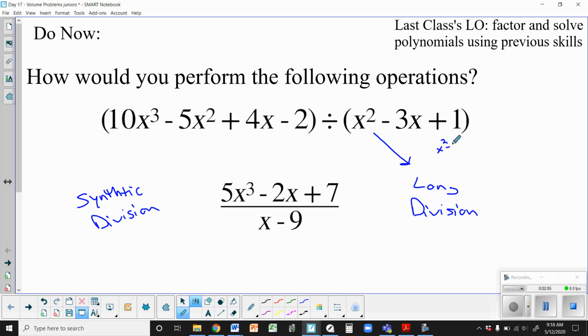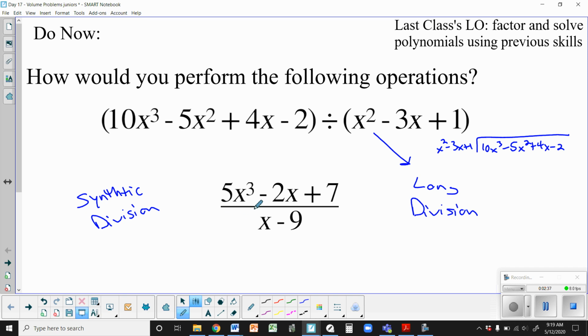So x squared minus 3x plus 1, and then I would do my division symbol and 10x cubed minus 5x squared plus 4x minus 2. And we remember we always divide, and we put the number that we get when we divide, and then we multiply, switch the signs, bring down the number, and then we keep repeating that process. So divide, multiply, subtract, meaning switch the signs, and then bring down the number until we get a remainder.